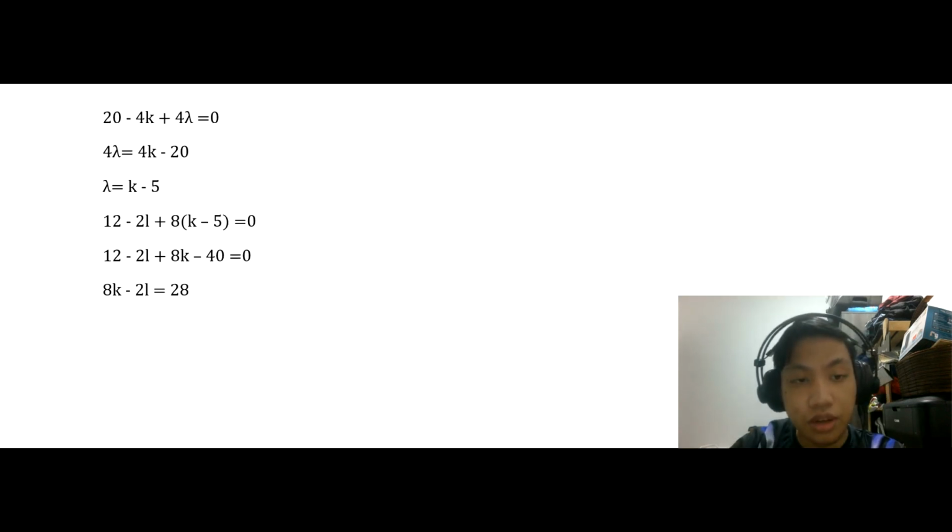After using the method of simultaneous equations, we get the value of lambda, and then we substitute it into the other equation so that we have an equation relating k and l.